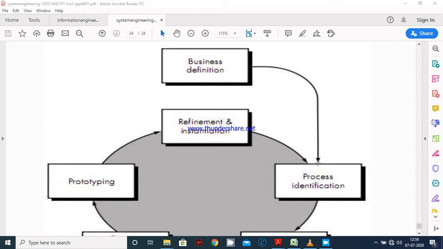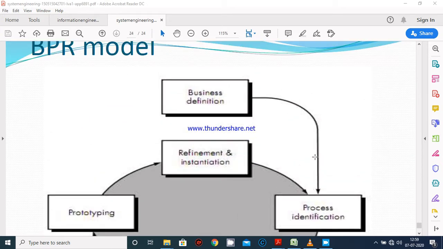So here is the working procedure of the BPR model through product engineering. The first one is business definition. Here all the things regarding software for the fulfillment of customer requirement are gathered and further derived into subsections for the development of a particular product.